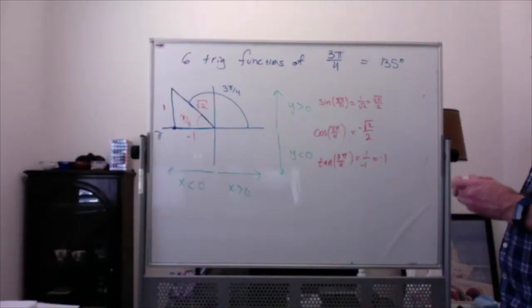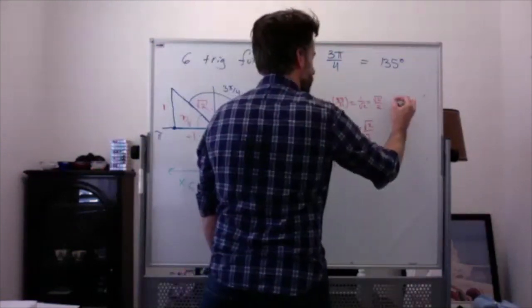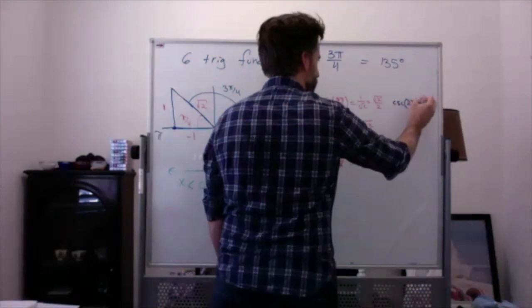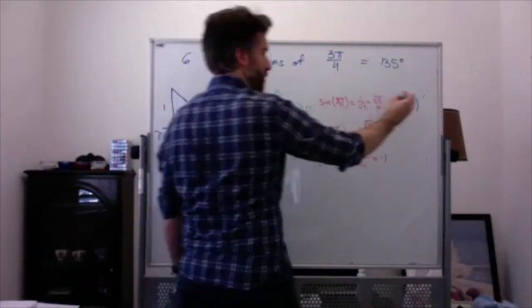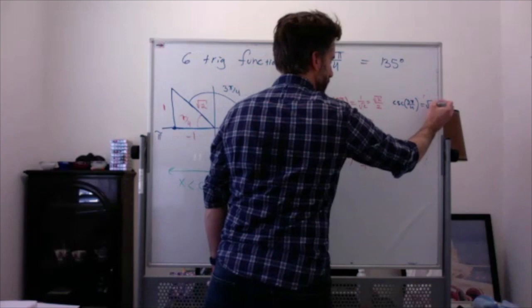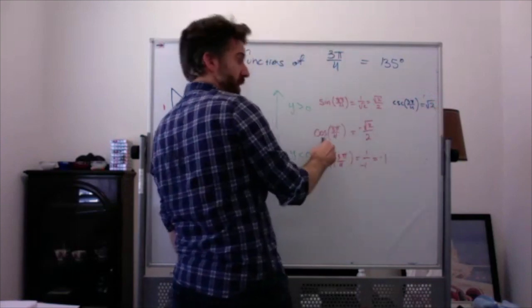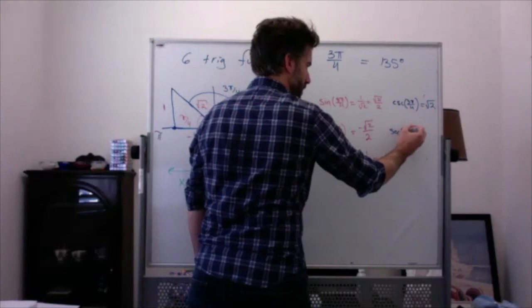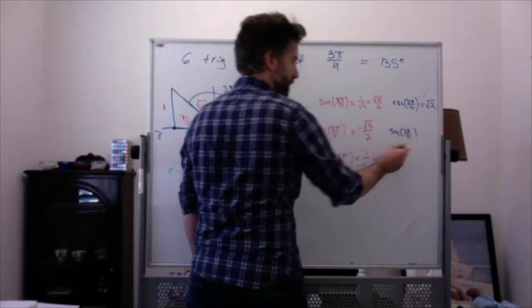And then the other three, I feel like I'm going to run out of room. I'll run them anyway. Cosecant of 3 pi over 4 is going to be √2 over 1, which is just √2. Secant of 3 pi over 4 is going to be the reciprocal of this.